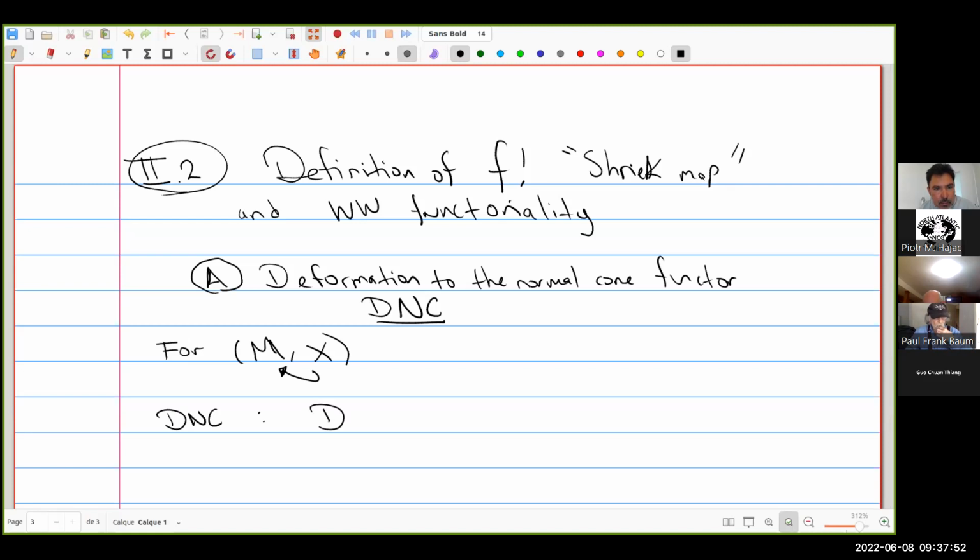Well, the following set that I will define has a C-infinity structure, for which I will give some details. The set is the following: you take the normal bundle of X in M. X is embedded in M, so there is a normal bundle.